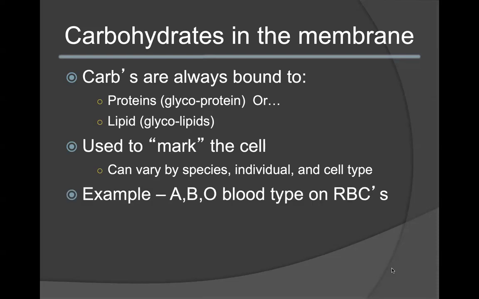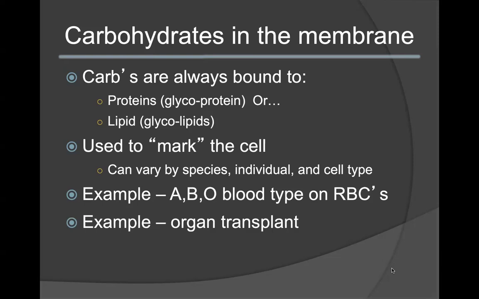An example of this is the different blood types that you can have with respect to your red blood cells. In humans, we can have A, B, O blood type. How we differentiate between these different blood types is by the presence of the different carbohydrates that these cell types have on their cell membrane.